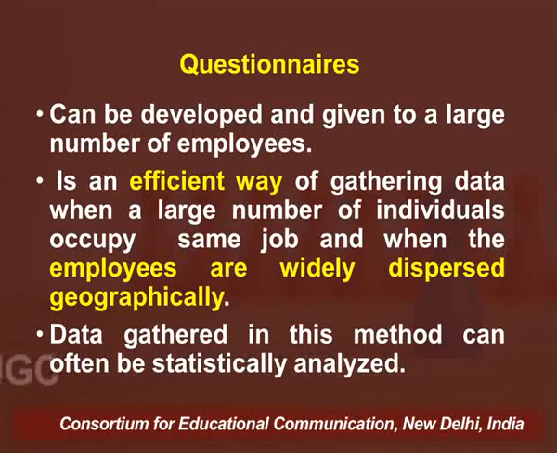In that scenario, the questionnaire method is a very good method, because interviews, observation, or diary methods will have their own potential problems. So questionnaires are a more efficient and effective manner of collecting data when individuals are widely dispersed and occupy the same job.